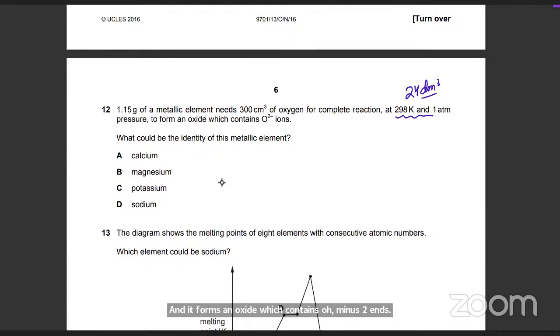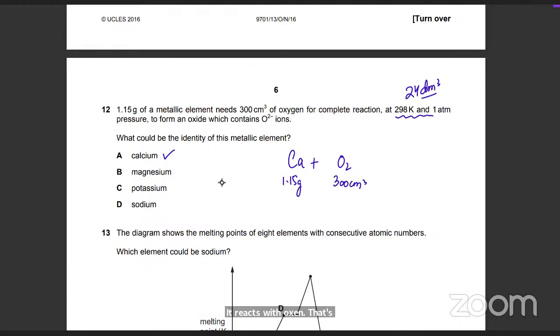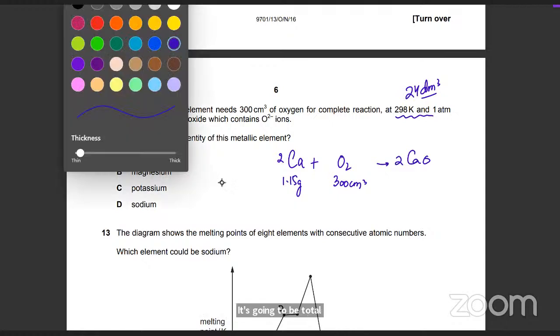Starting with calcium, I'm just taking A as an option. It reacts with oxygen, that's 300 cm cube of oxygen, and it produces an oxide that contains O minus 2 ions. So it's going to be calcium oxide, and you can balance this, it's going to be 2:1. Does this data match the equation?